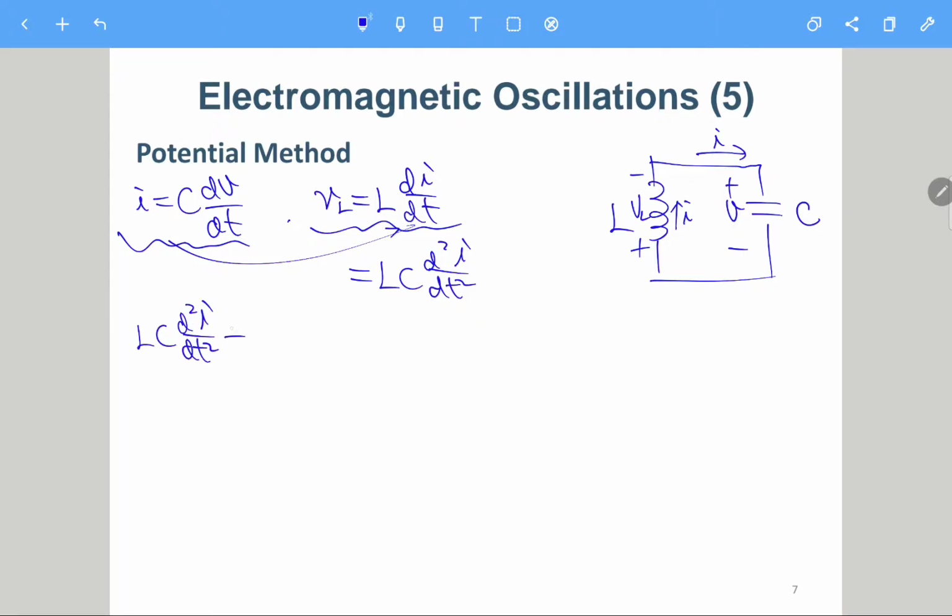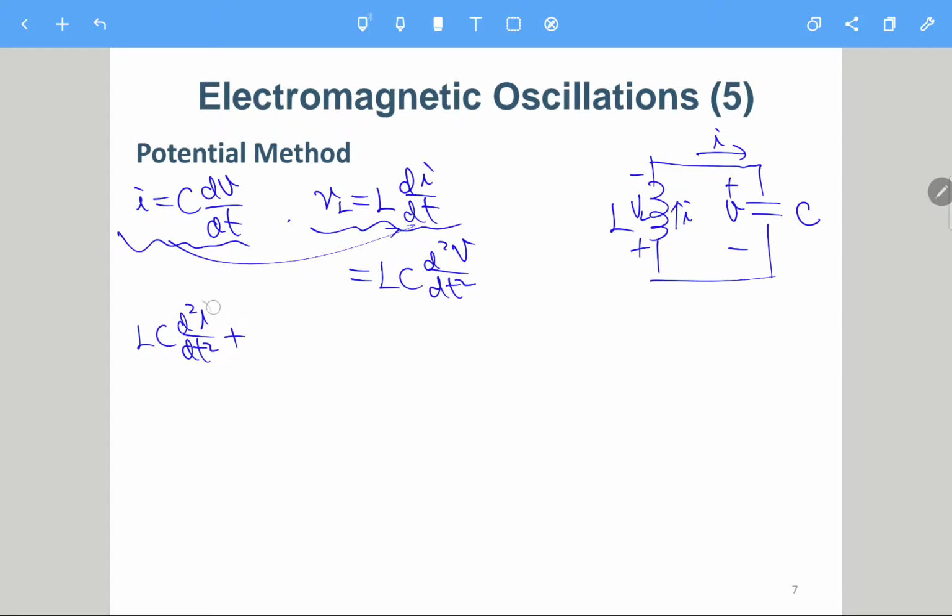Here it should be V, because we substitute this one into here, so it should be LC d2V dt2.